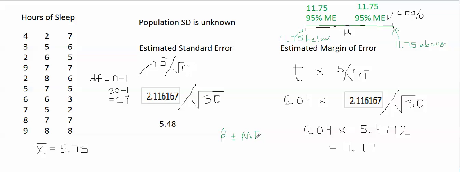So this is what you would do if you wanted to find out which candidate was likely to win the election. So let's say my sample percentage comes out to 55%. And the margin of error comes out to 7%.